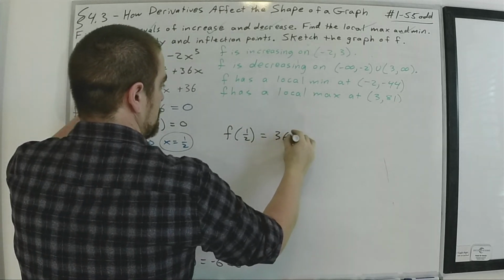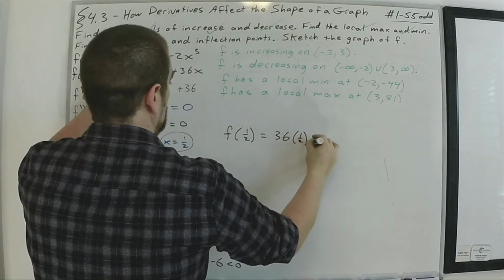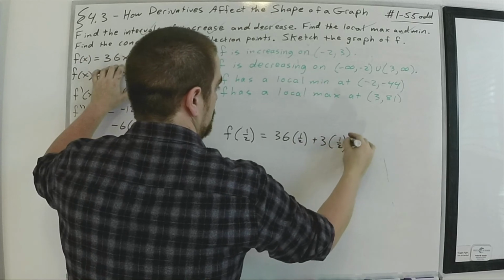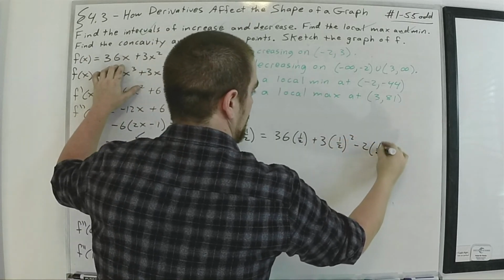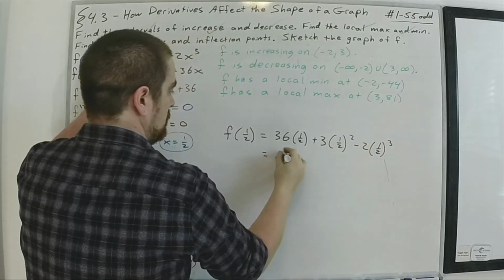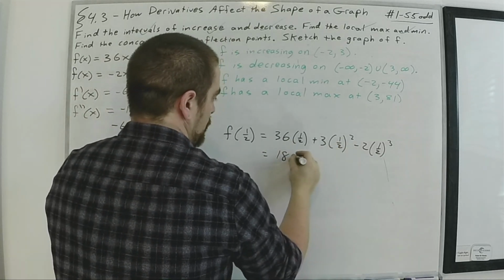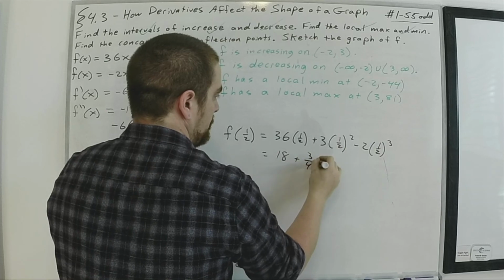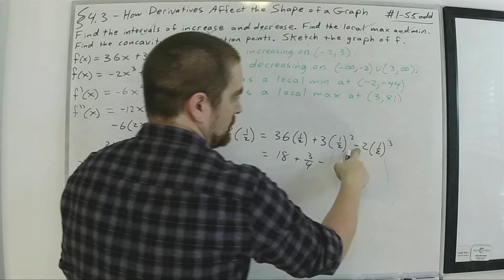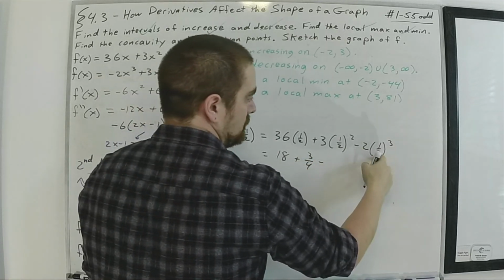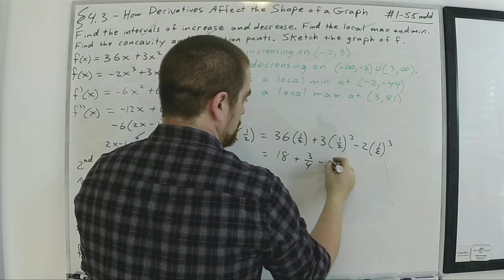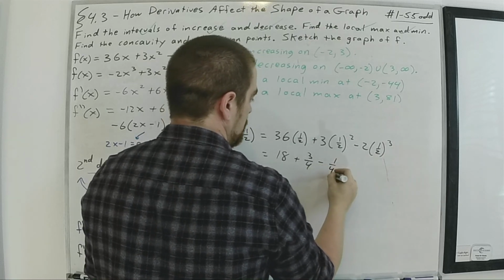So I'm going to do 36 times 1/2 plus 3 times 1/2 squared minus 2 times 1/2 cubed. So there's 18. There's 3 times a fourth, that's 3/4. Minus, there's 2 times 1/8, which is minus 1/4.